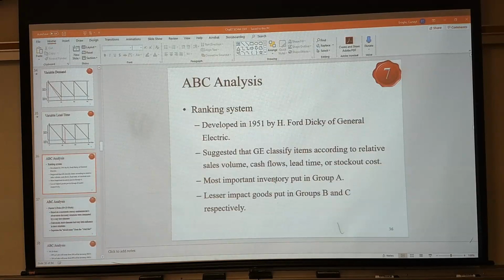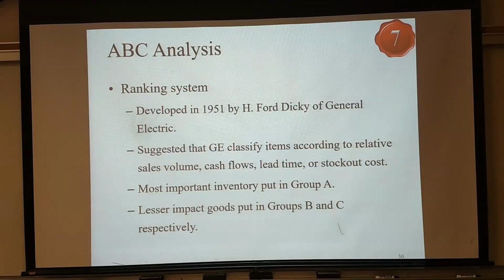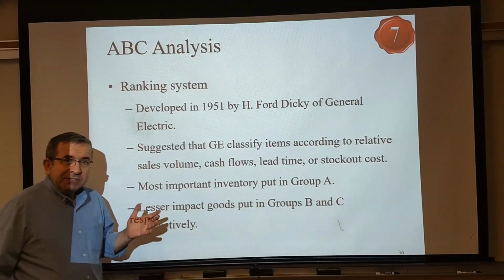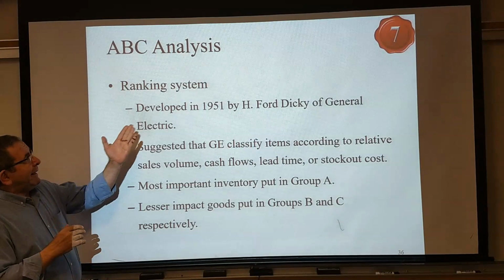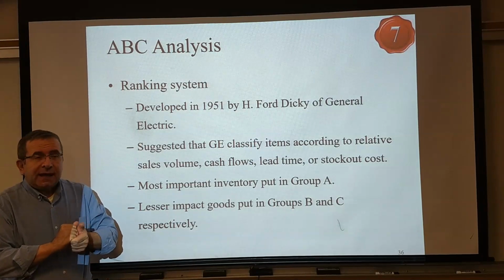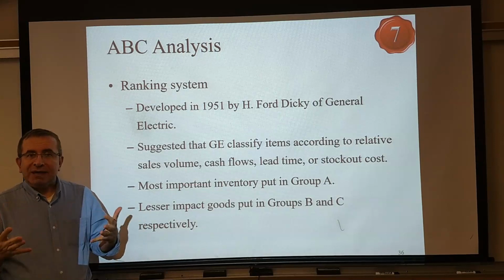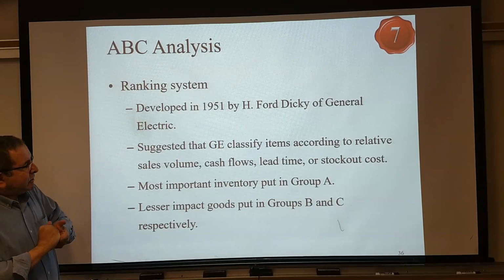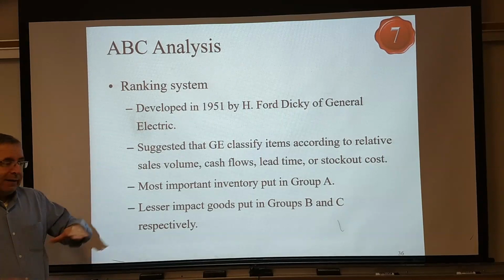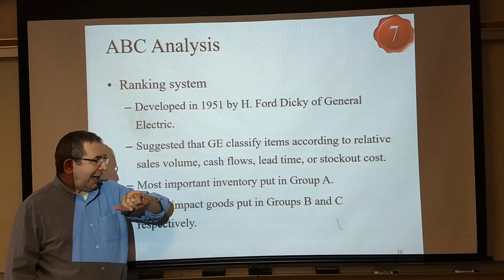Okay, so ABC analysis is a system for ranking inventories. However, the idea is so general, you can use it in many applications. So the idea is, let's find the most important inventories. Those are called A items.